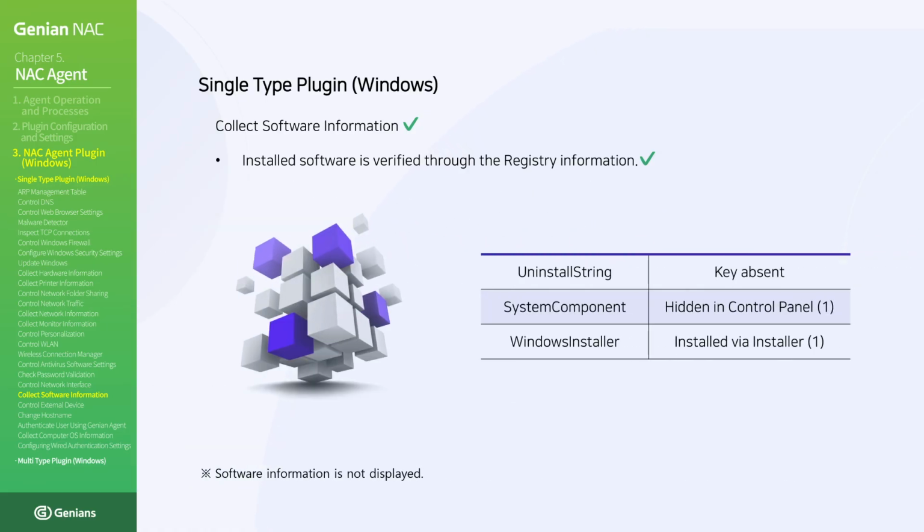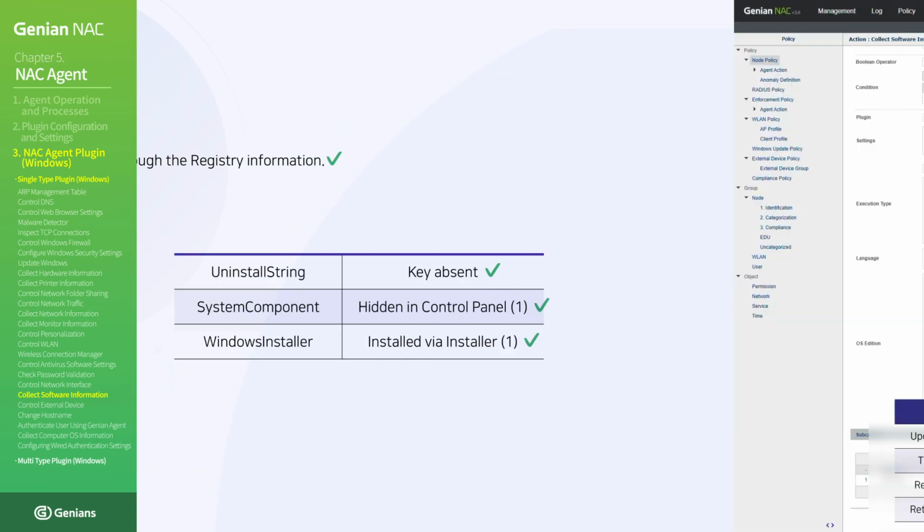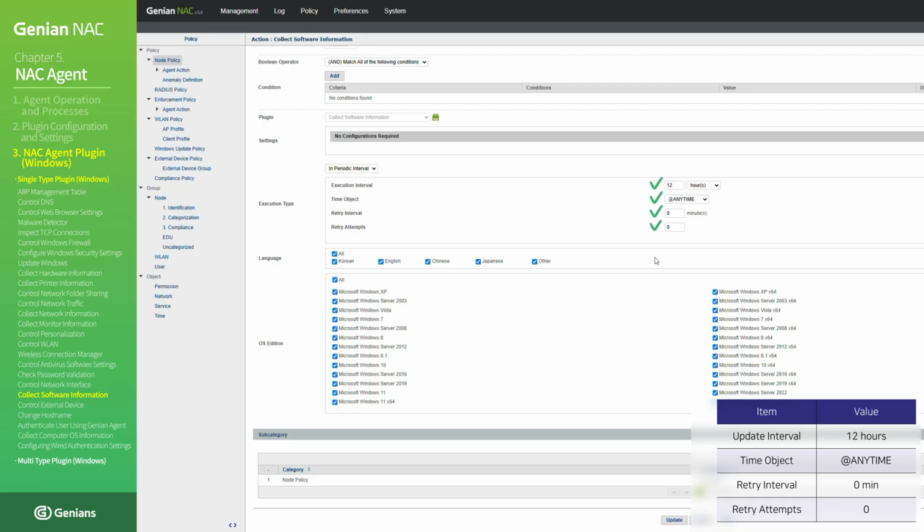Software information will not be displayed if the following values are set for the respective key. To collect information on installed software through the Collect Software Information node action, the following configuration is required.